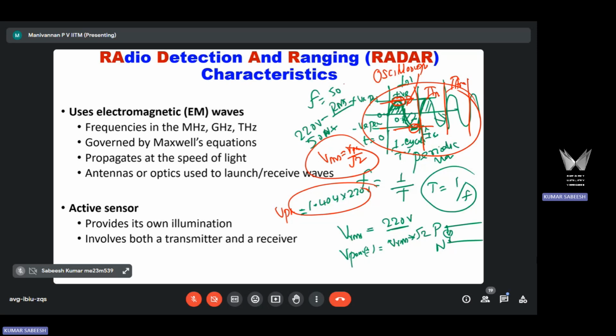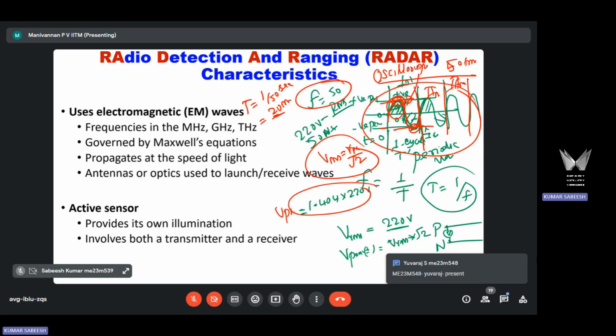Then we say that this is a 50 Hz signal. What is one cycle time for the AC voltage in your home? T equals 1 divided by 50 seconds, which is 20 milliseconds. For one cycle, one positive and negative, the waveform goes from 0, increases and decreases within 20 milliseconds. How many times does it happen within that 1 second duration? 50 times.